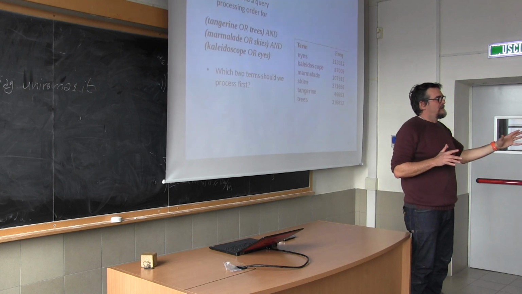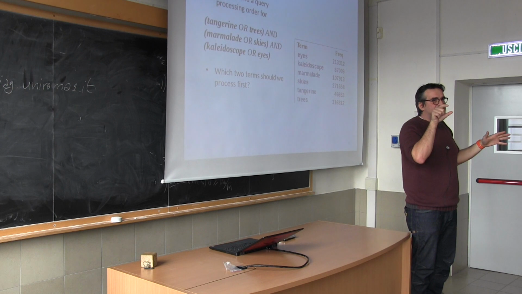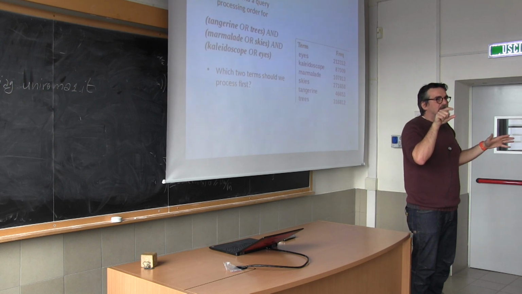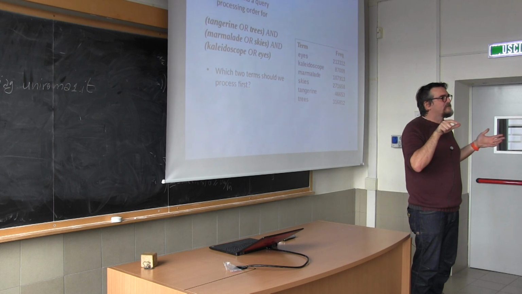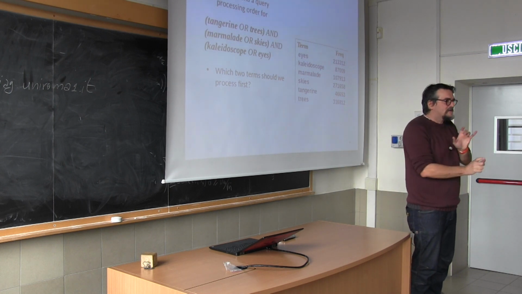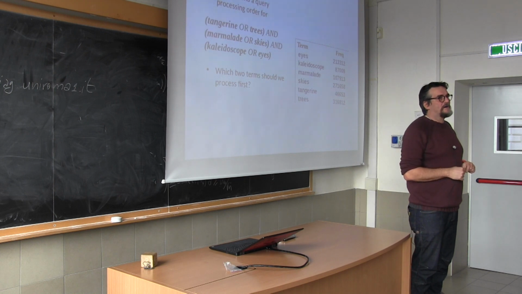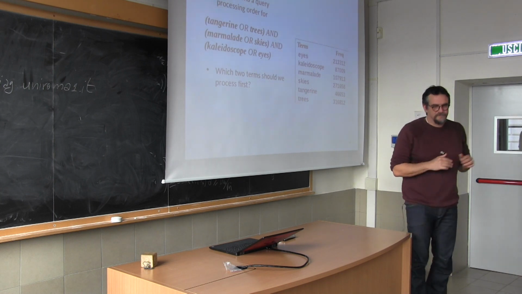Observation A: if I have several ANDs, let's start from the ones with the smallest posting list. So how can I estimate the posting list here? I have a rough estimation because of the size of the frequencies, right? And so I use this estimation in order to select which part of the query I have to perform first. Make sense? Good.